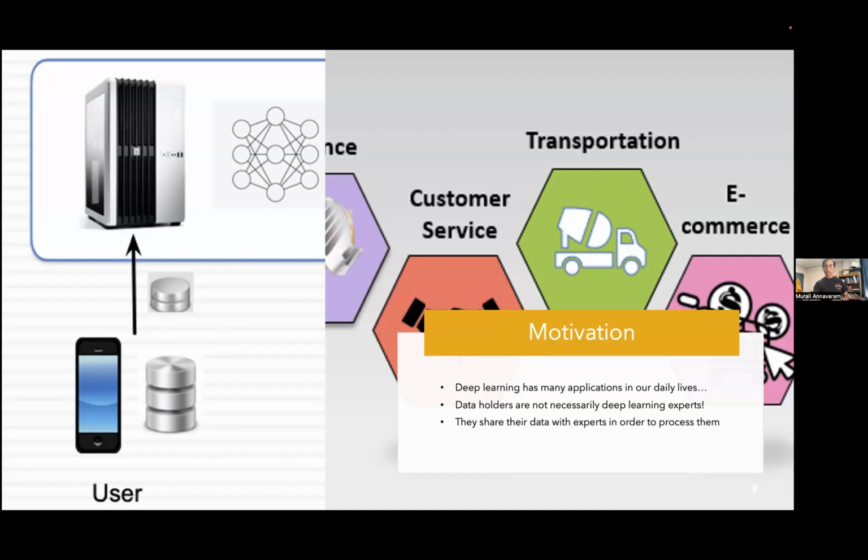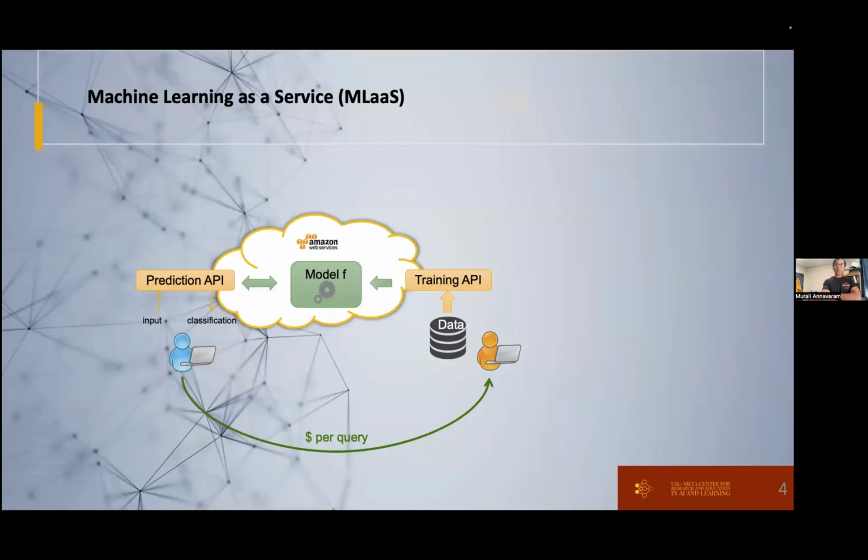As a result, machine learning as a service is an emerging area where you offload all the complexity to cloud service providers, let's say Amazon AWS, Google, or Microsoft. All of them have introduced this notion of ML as a service. So basically, the model is in the cloud.